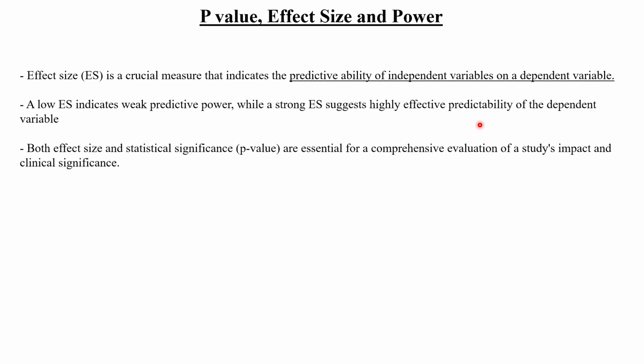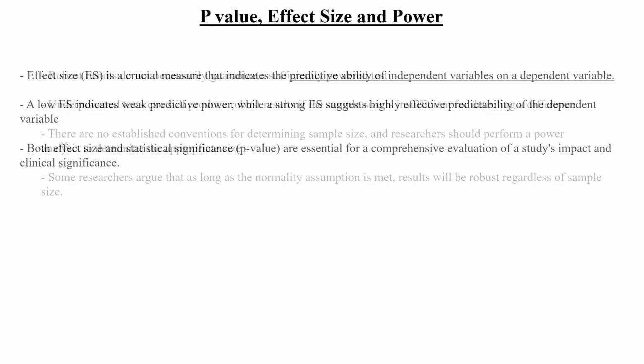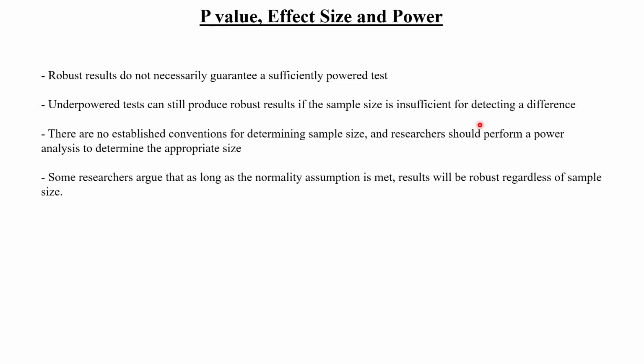The discussion on the appropriate sample size for the student's t-test begins by emphasizing the distinction between producing sufficiently powered results and producing robust results. While robust results indicate relative accuracy even in the presence of violations of the assumptions, they do not necessarily guarantee a sufficiently powered test, which is the ability to detect a statistically significant difference if it exists.